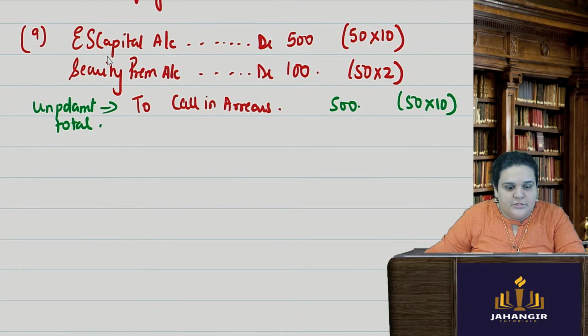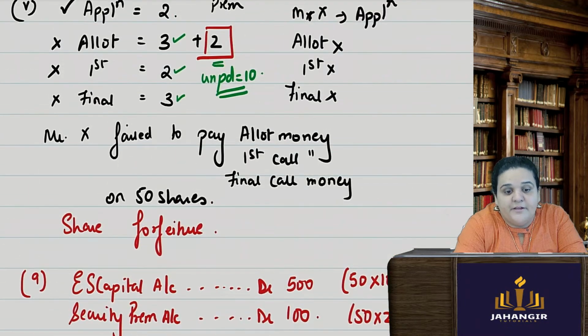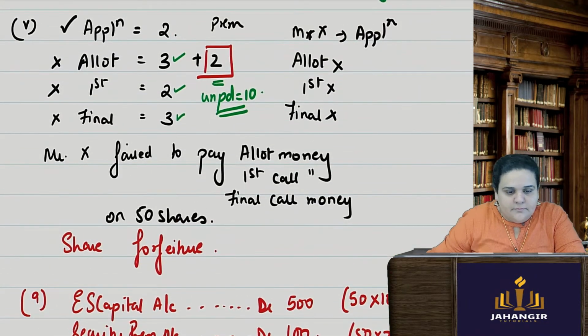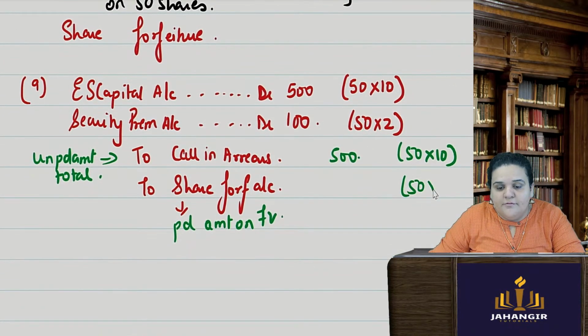To share forfeiture account, always on the paid amount. Paid amount on face value. Now how much is the paid amount on the face value? 2 rupees. So I will credit 50 into 2, 100 rupees.